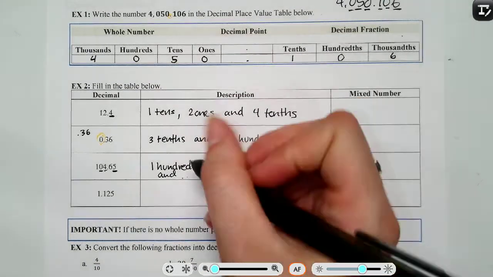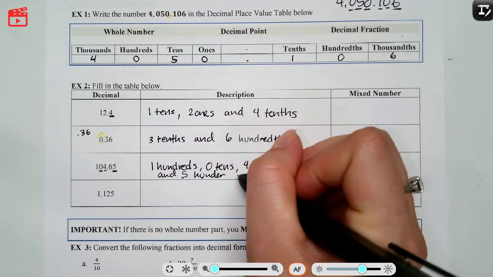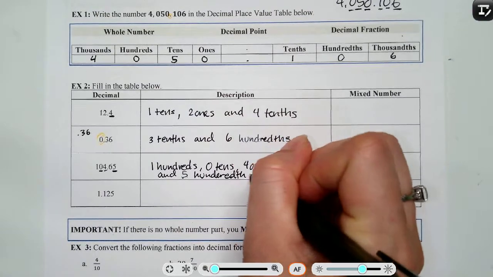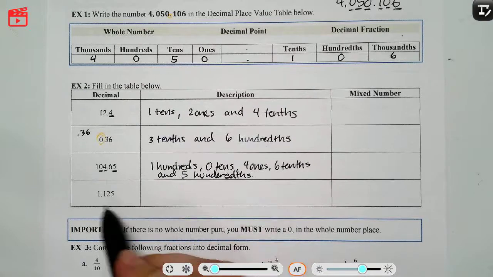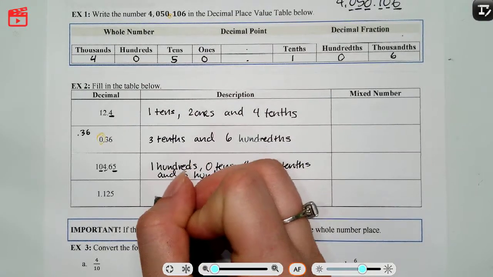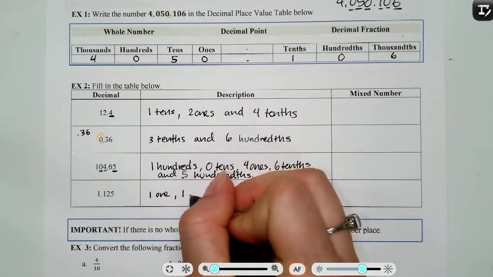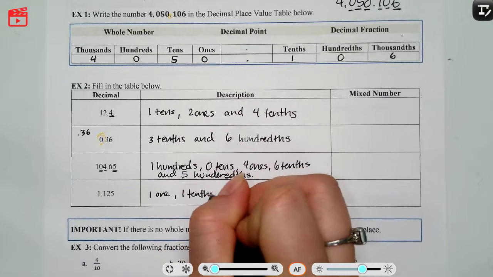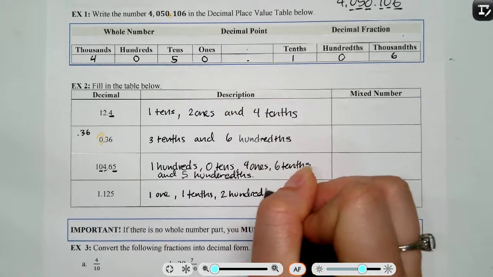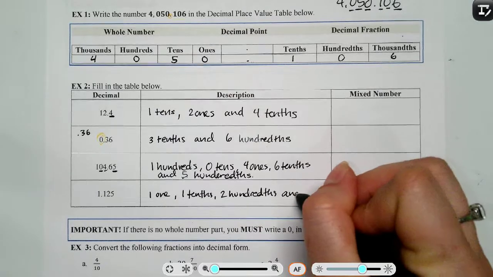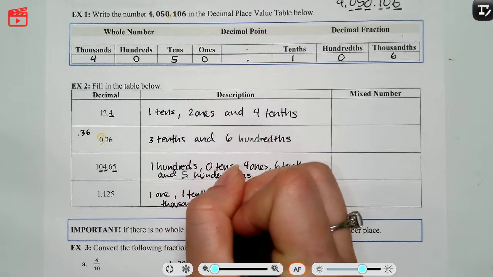Using a lot of whiteouts, it's not even that far in the video. And the last one for this part. Not that hard. 1 tenths, 2 hundredths, and 5 thousandths.